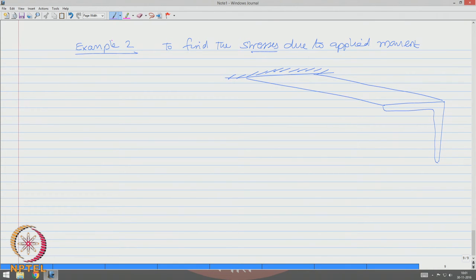It has two axes. Let us mark them as z and y. We will also apply a force P equal to 2 kilonewton, which is over a span of 2 meters.